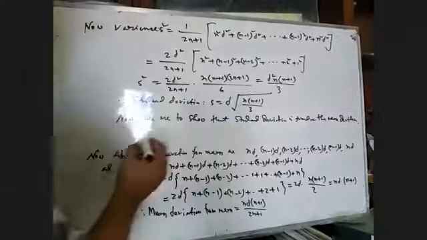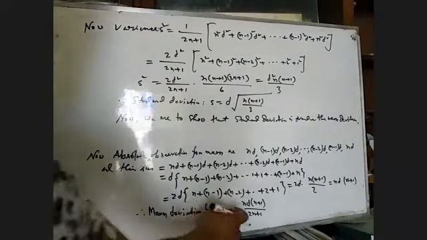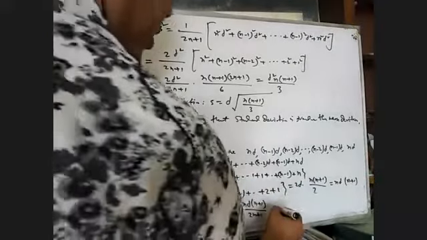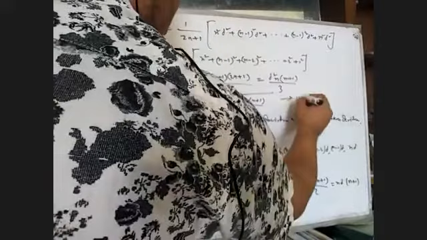Okay, so mean deviation is this and standard deviation is this. This is equation number 2 and this is equation number 3.